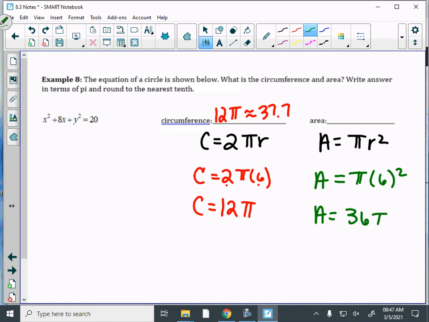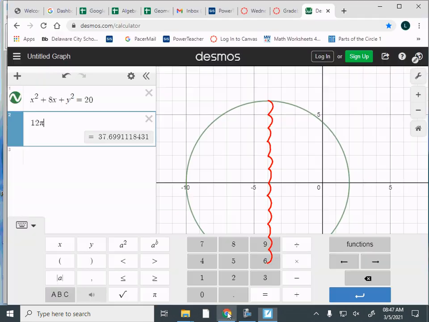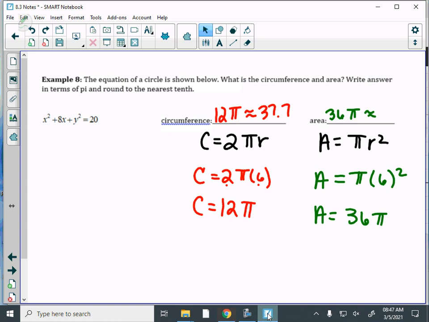And tap on the pi. So that's the exact answer. To get the rounded answer, just plug 36 pi into your calculator. 36 pi, which is 113.1. And there we go.